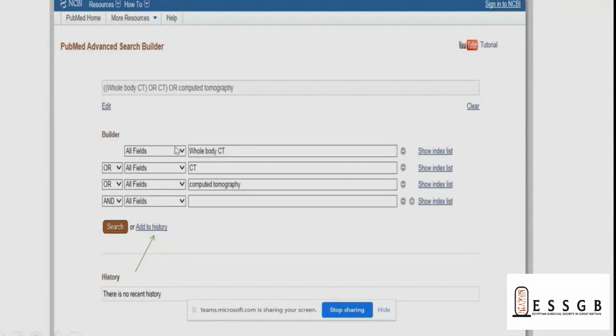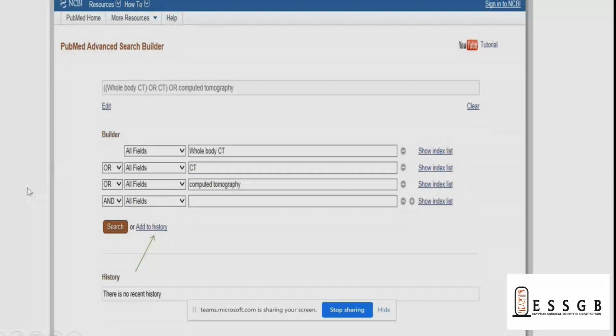So by doing this, you can put boxes here with different synonyms, and it is important to use OR between them, not AND. OR means this or this or this. So it gives you the studies that have either this one or this one or this one, not necessarily all of them. So for each keyword, you do that and put OR between them.